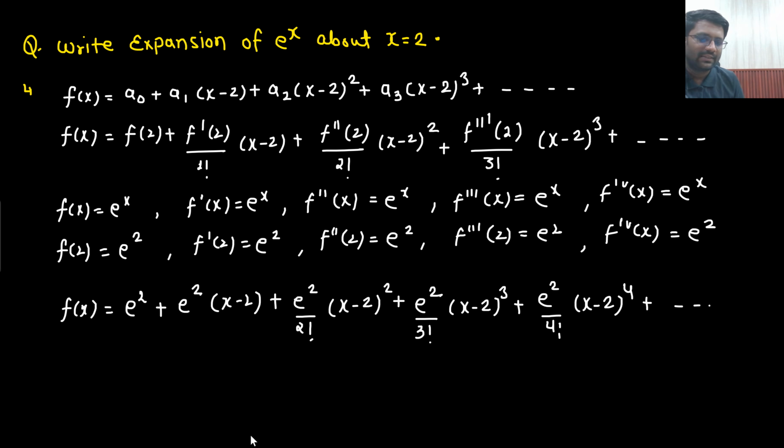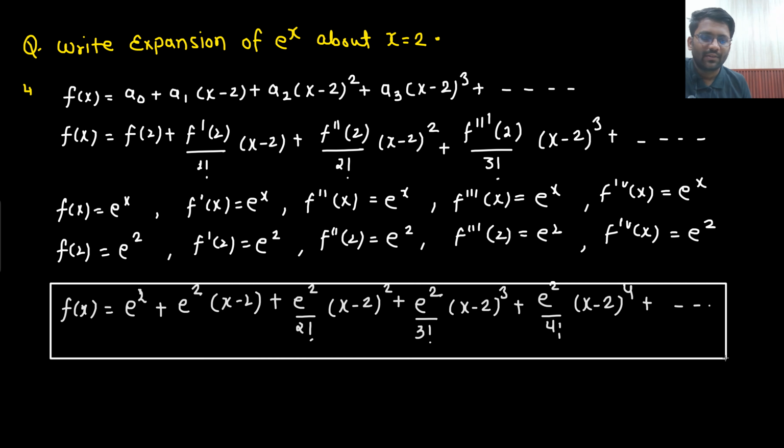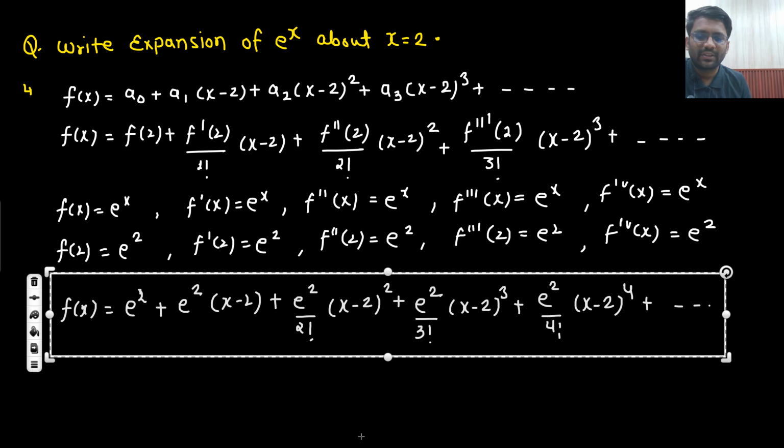So this is the first method. This is how I can expand it. This is the answer I am getting, this is the expansion that I have done. So this is the correct answer. That's it. This is your method 1.